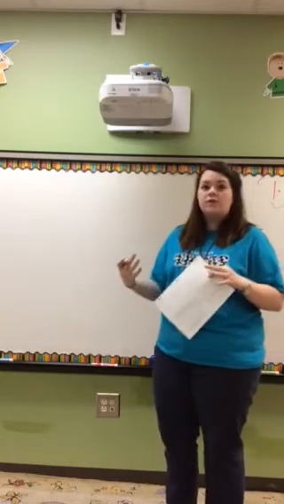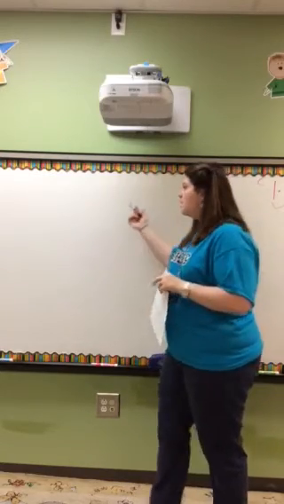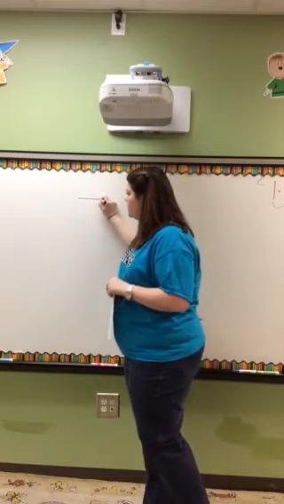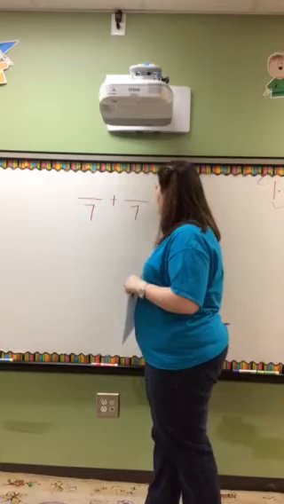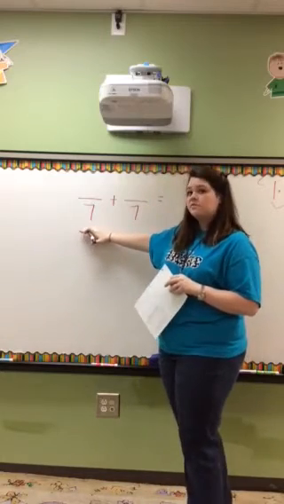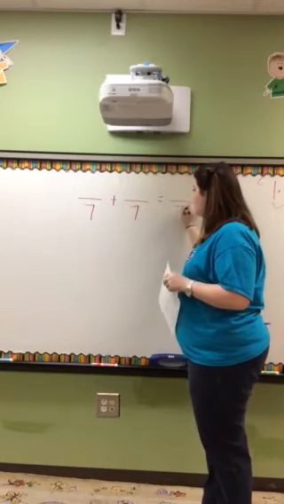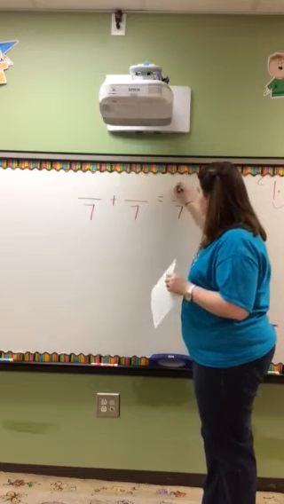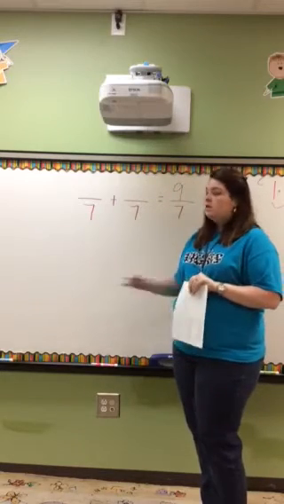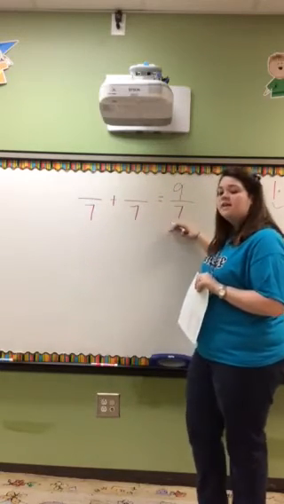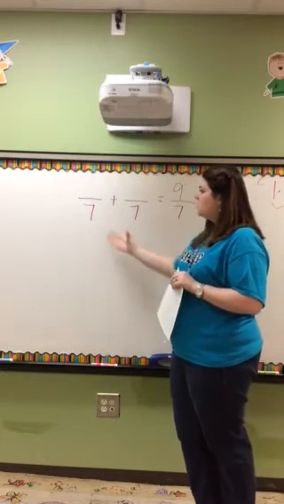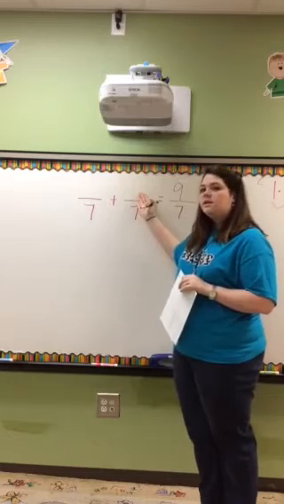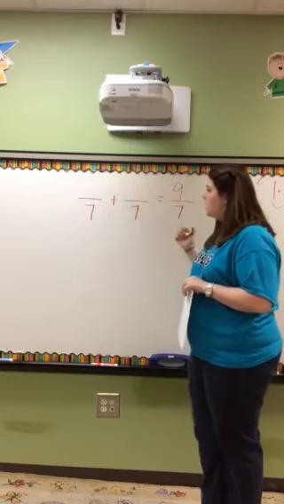There are lots of different ways that you can do this, but just a few examples that I'll do up here. I'll go ahead and set up my problem with my like denominators of 7. And I know that Darielle's answer is 9/7. So since my bottom numbers stay the same, since they're like fractions, then all I have to do is think, well, what are 2 numerators that I could add together to give me 9?